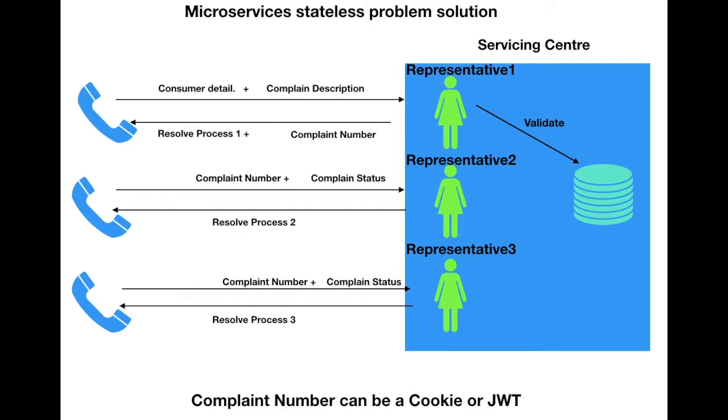You can imagine this complaint number as a cookie or it can be a JSON web token. So we will go for cookie first, then we will look at how we can implement JWT.